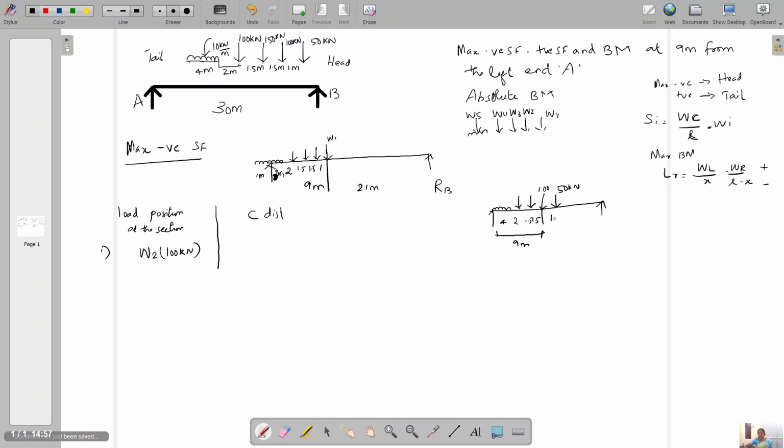All loads came inside. So this is the diagrammatic representation for the first trial.